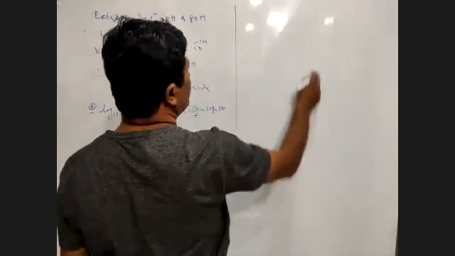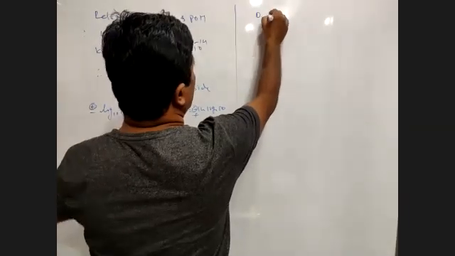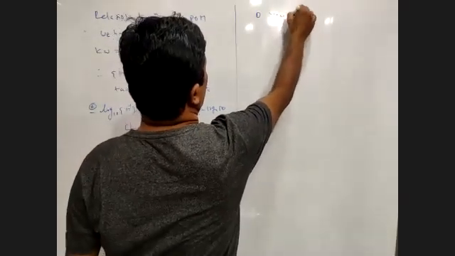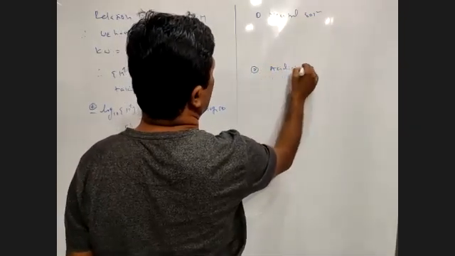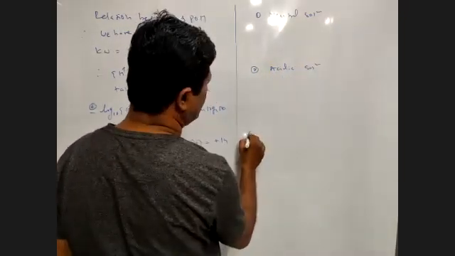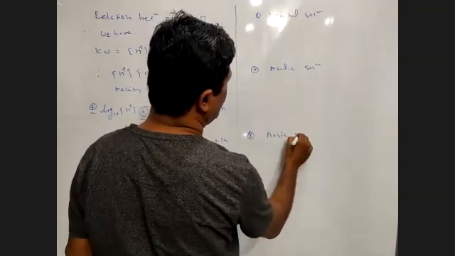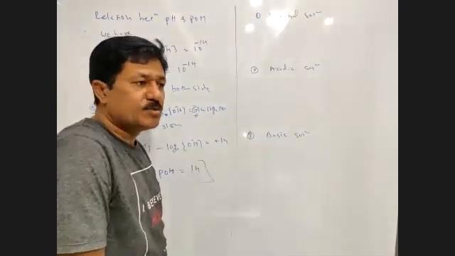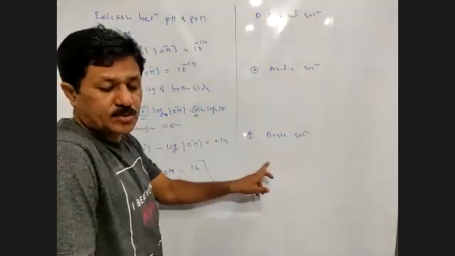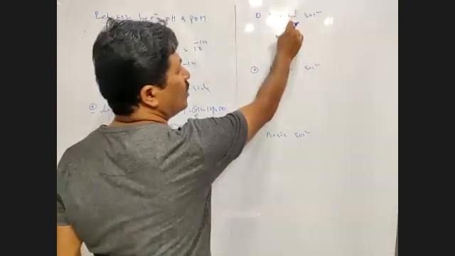Solutions are of three types. Number one, neutral solution. Number two is acidic solution. And number three is basic solution. Three types of solutions होते हैं. Neutral solution कब होगा? अभी हमने देखा.